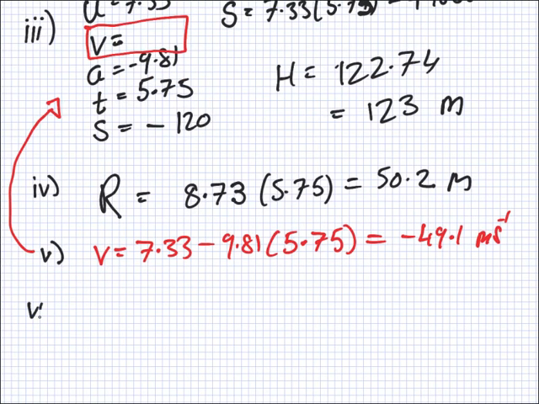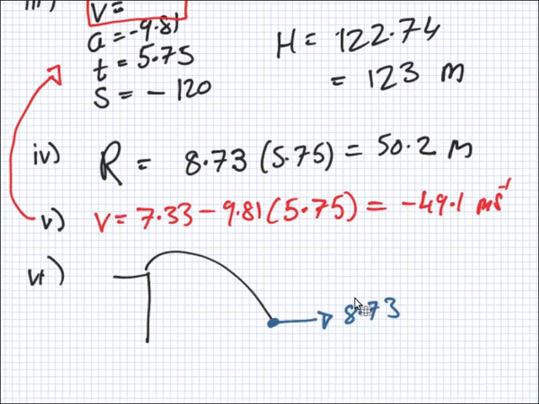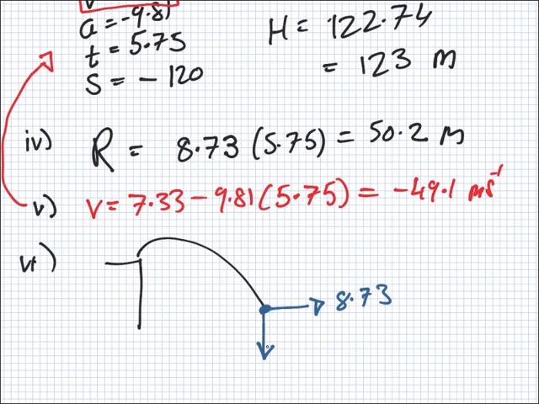So part 6 now. Here's the picture. It hits the ground and horizontally it's going with 8.73 and vertically it's going down with 49.1. Yeah? Is that okay? When it hits the ground at the end.